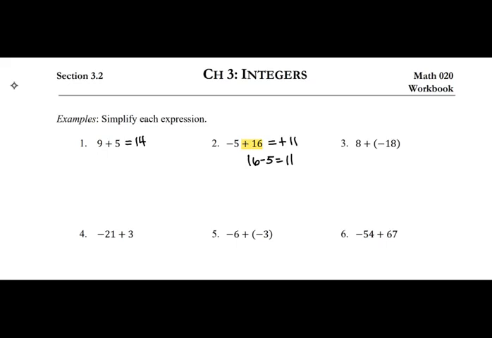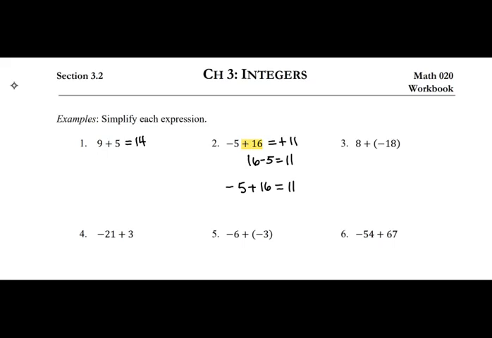It is not necessary to write the plus sign. For the first time I did. Going forward, I will not be doing that. So to recap, negative 5 plus 16 would equal 11. Keep the sign of the bigger number. 16 was positive, and then find the difference between 16 and 5, which is 11.